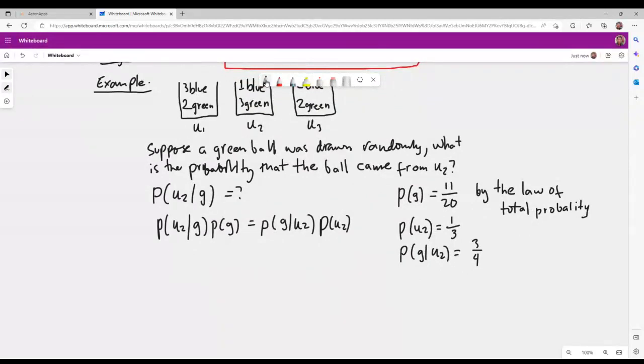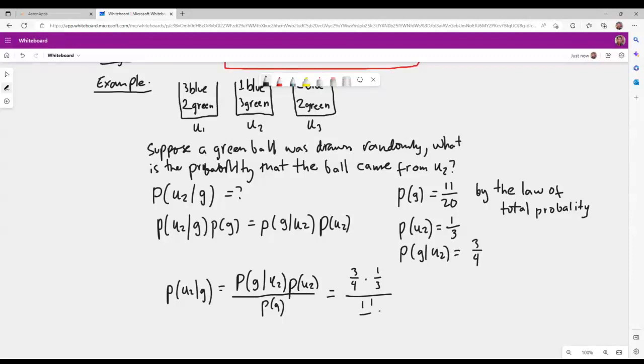So the probability of U2 given G is equal to the probability of G given U2 times P of U2 divided by P of G, and this is equal to 3/4 times 1/3 all over 11 over 20.